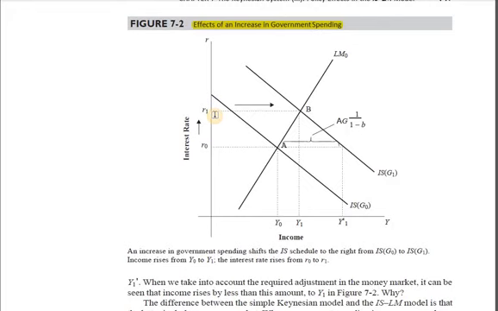Now when this happens, it would lead to a decline in investment, because we know investment is inversely proportional to the rate of interest. So when investment demand decreases, what would happen? Aggregate demand would fall, and that's how income would decline from this to here. This is exactly what is happening here. And when this happens, how do we re-equilibrate the money market now?